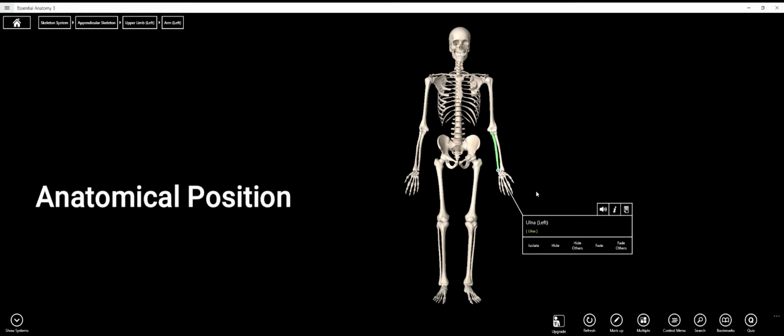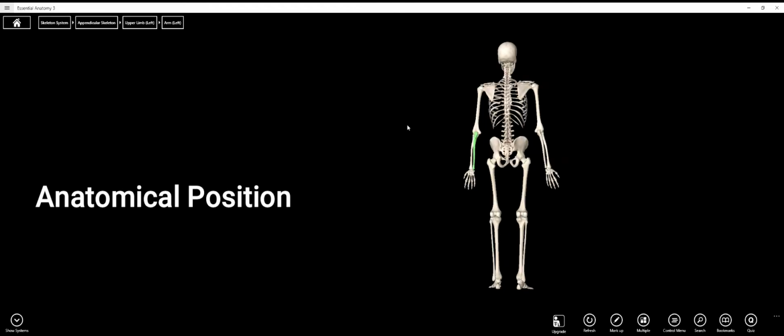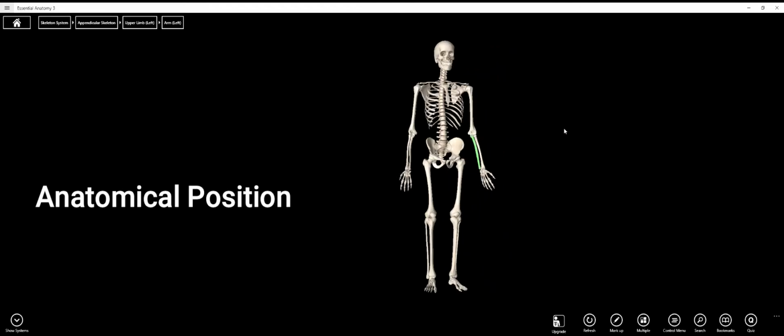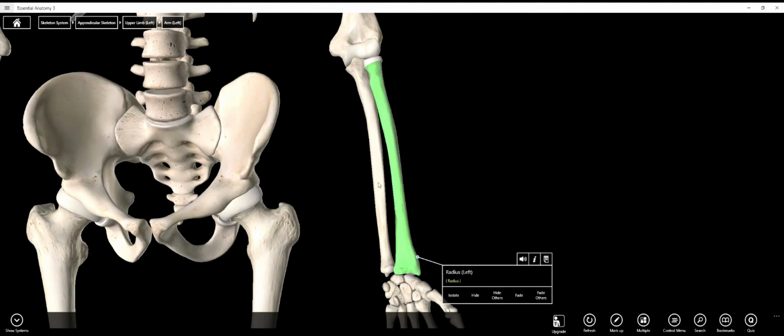So this first concept is a simple one. It's called anatomical position. And that is really easy to explain because the skeleton is in anatomical position. So his palms are facing forward, thumbs are facing out, the radius is lateral to the ulna.